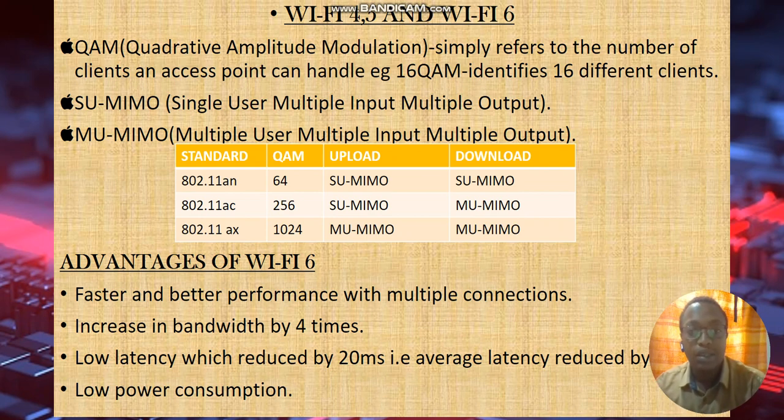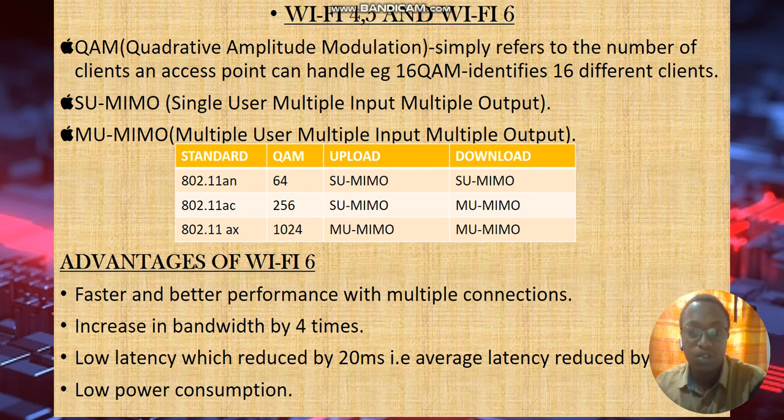In Wi-Fi 6, an access point could hold up to 1024 users, and in both upload and download modes, the users could have multiple uploads and multiple downloads at the same time. So that is basically it when you're talking about the three latest standards, their basic modes of operation, and how many users each Wi-Fi standard or 802.11 standard could hold.